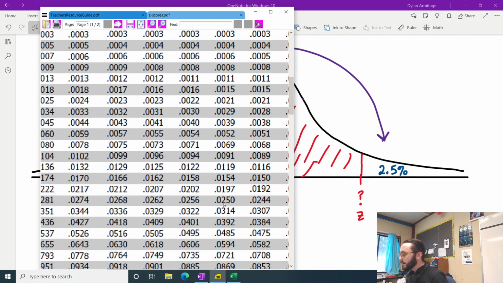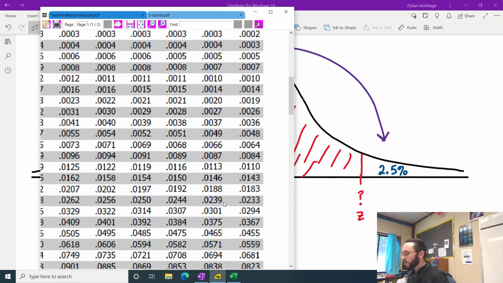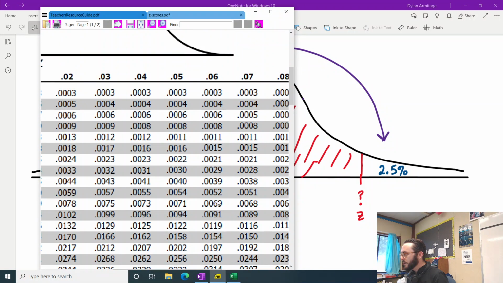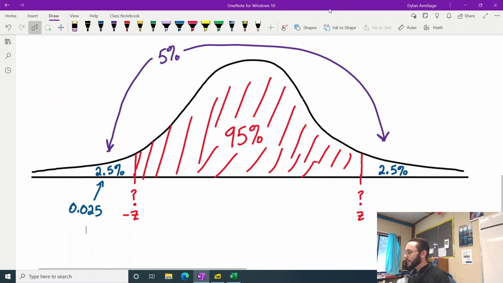Awesome. So that's on negative 1.96. So then we know that this z-score is negative 1.96, and so on the other side is going to be positive 1.96.